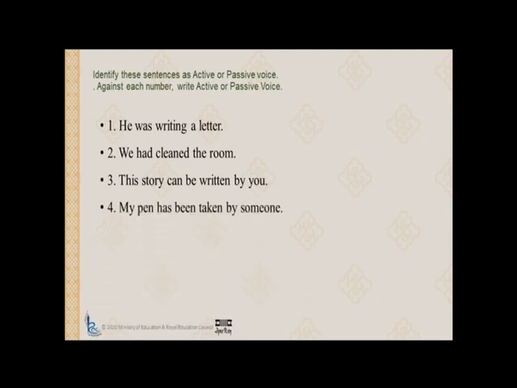Now the fourth example: my pen has been taken by someone. Now the fifth example: Dorji kicked the ball. There are five sentences that you can see on the board.